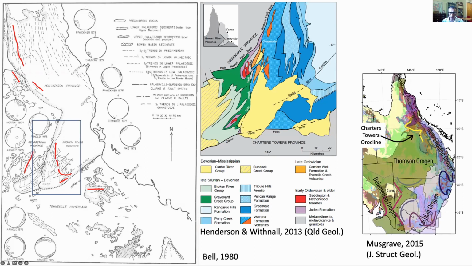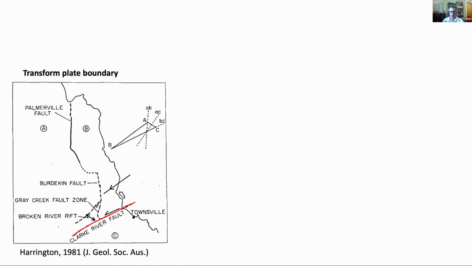But overall, the origin of this orogenic curvature and its implications for the fundamental geodynamics of Eastern Australia and its mineral resources have remained relatively unknown. Earlier publications, particularly from the 1980s, have included some suggestions for the origin of these orogenic curvatures. For example, Harrington argued that the bending was linked to a sinistral movement along the Clark River shear zone.